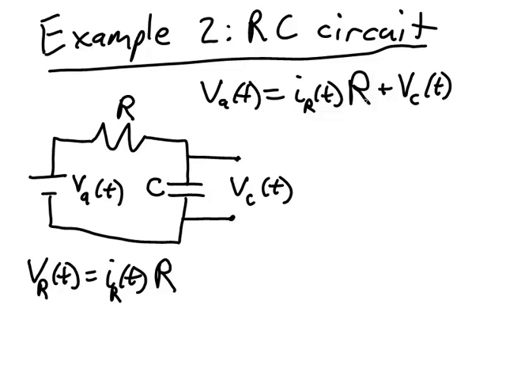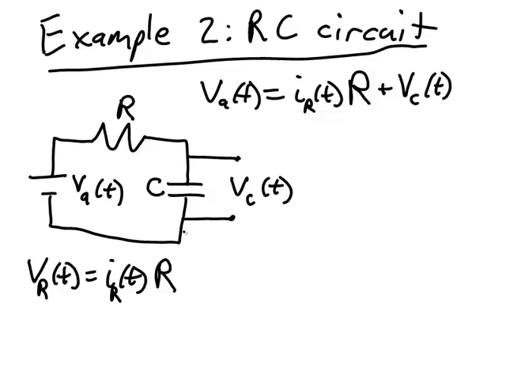Now, I know I'm not done yet modeling this system because I have a signal, I of t, that is not my input or my output. How could I find an equation for I of t? If I apply Kirchhoff's current law, I know that the current through the resistor must be the same as the current through the capacitor.